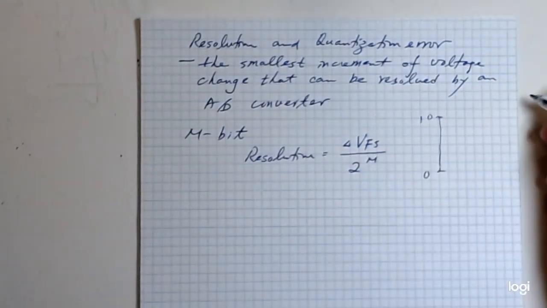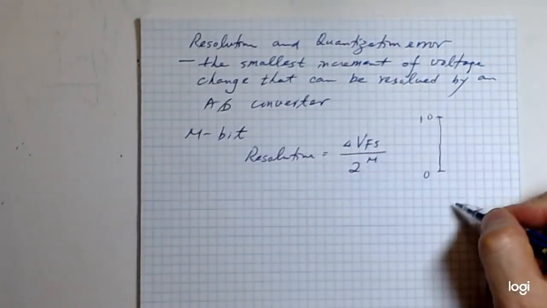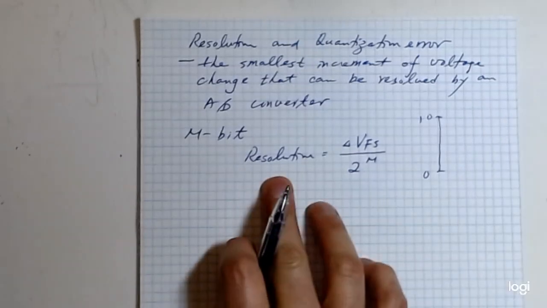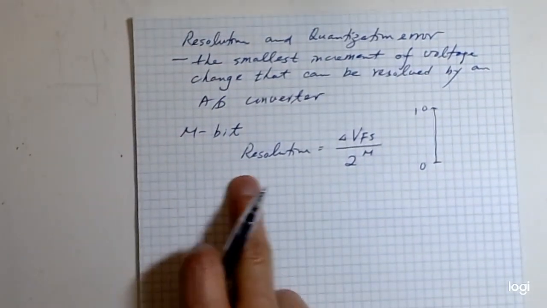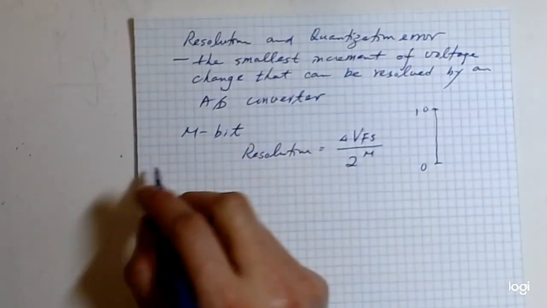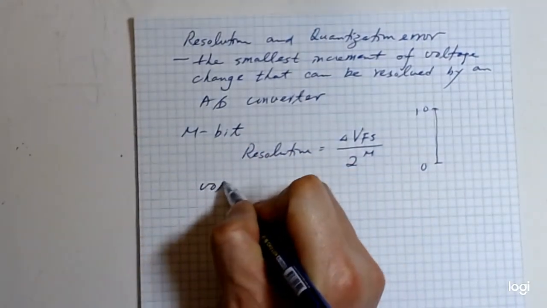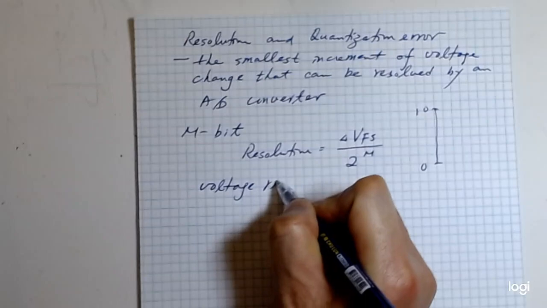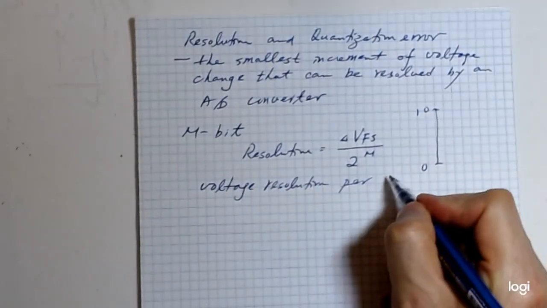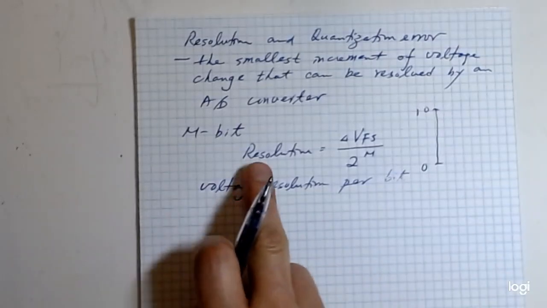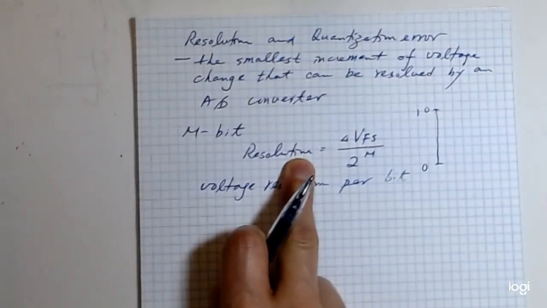Or if you have minus 10 to 10, that's the voltage resolution per bit. So we know the resolution.